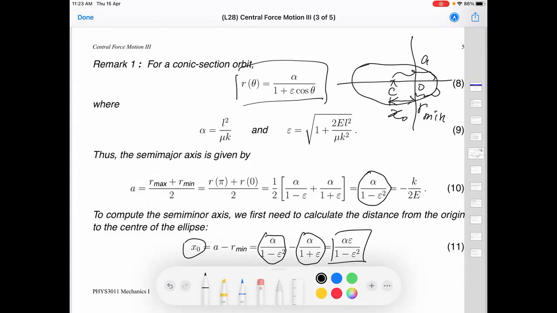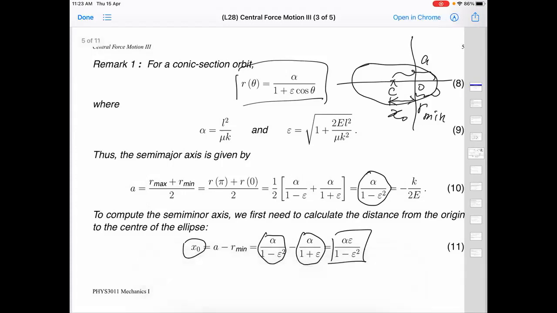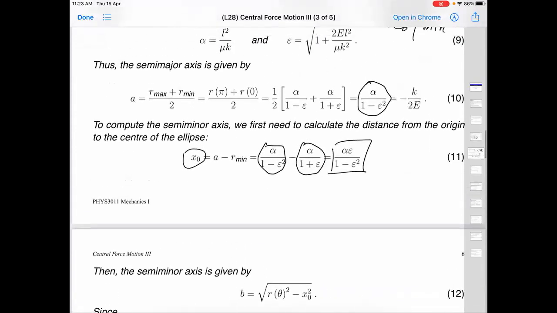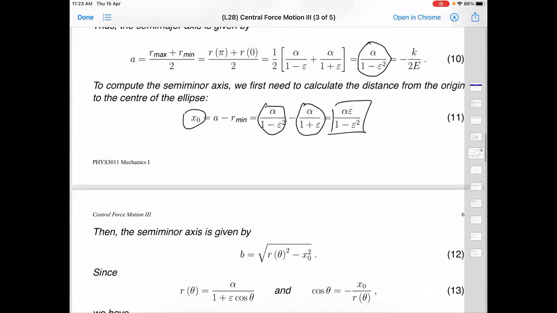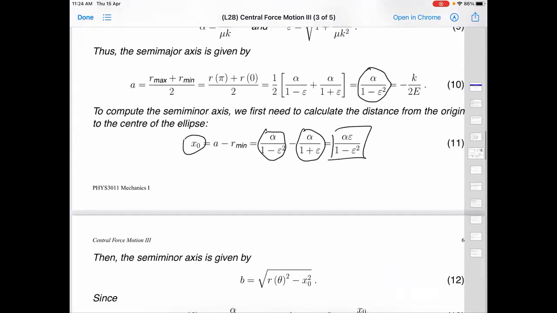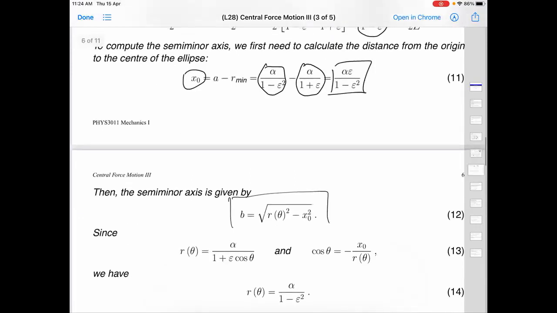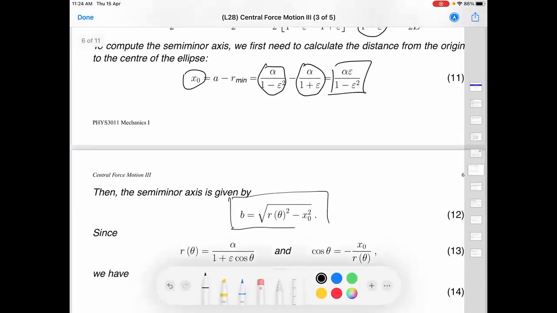All right. Get it? We move on. Now the semi-minor axis is given by this formula. Okay. Can you see it?